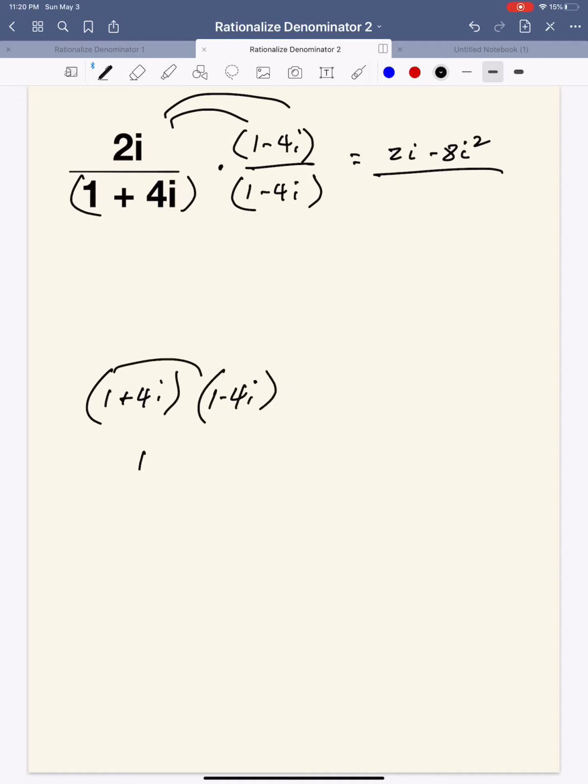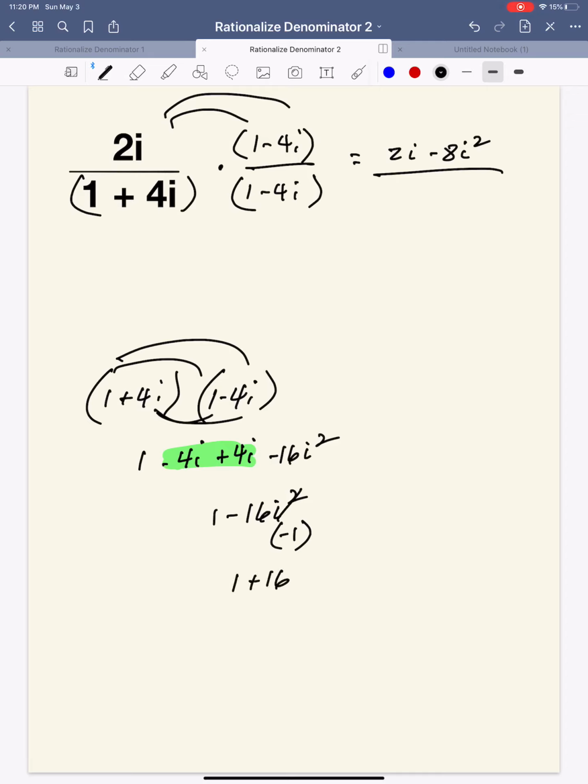That's 1, and that is -4i plus 4i. Again, that's going to drop out. Minus 16i squared, right? The stuff in the middle, dropping out. So really what you have is 1 minus 16i squared, and that's a -1. So it's 1 plus 16, which is just 17.